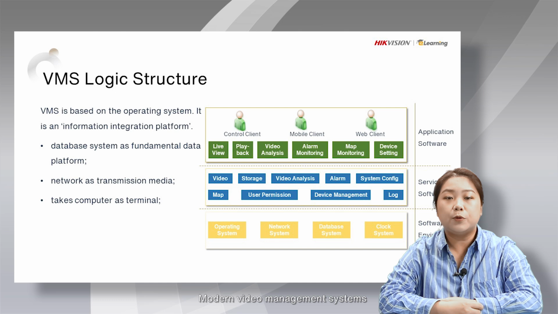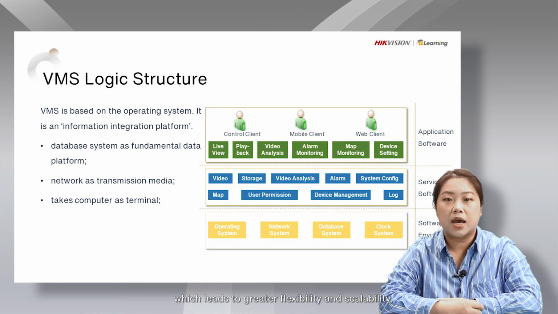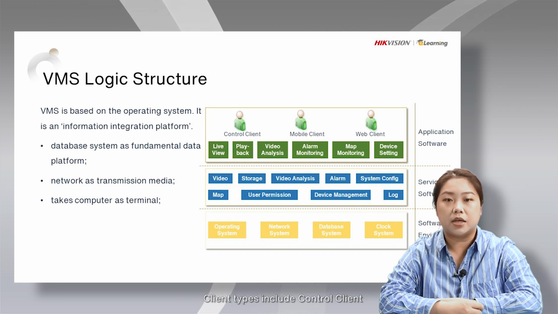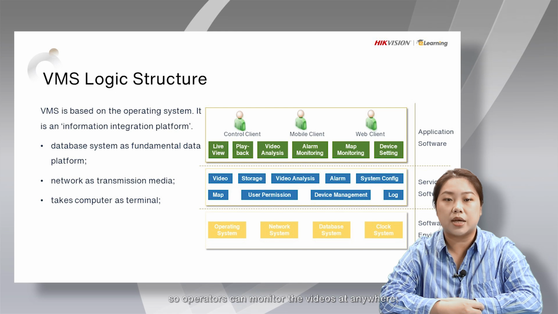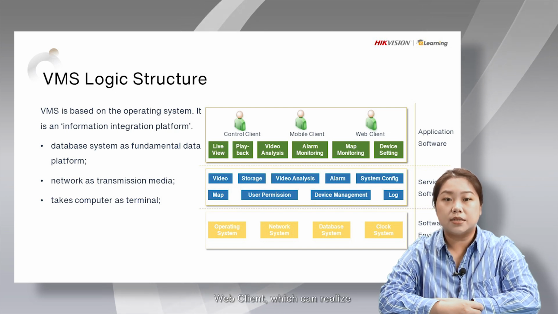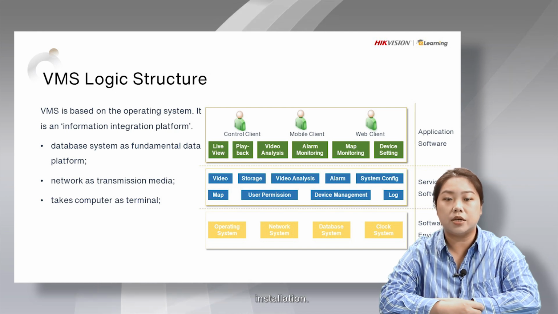log. Modern video management systems use server-client architecture that constantly communicates, which leads to greater flexibility and scalability and simpler configuration. And client types include control client, which can provide abundant visualized applications, and a mobile client deployed on the phone so operators can monitor the videos anywhere, and web client, which can realize quick configuration and application without installation.